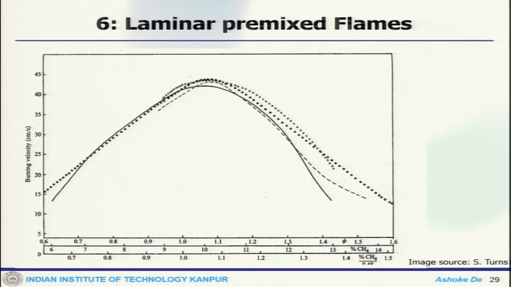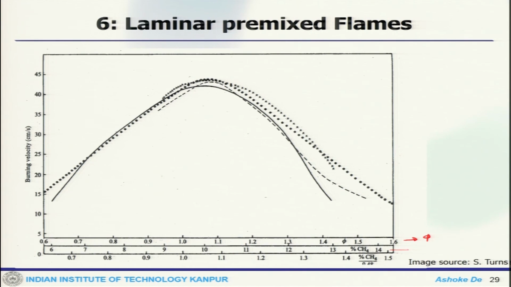At the same time, this is on the equivalence ratio, phi is the axis, this is percentage of methane, and this is normalized burning velocity.